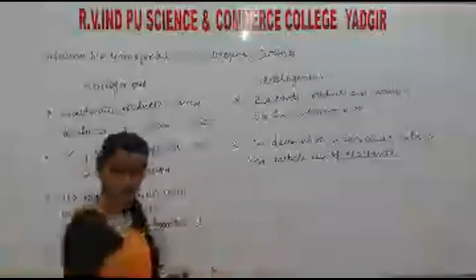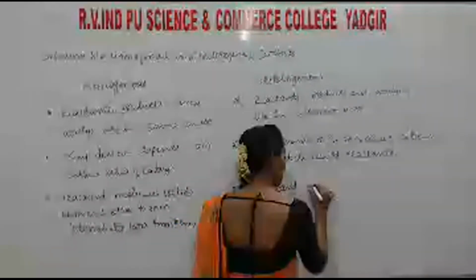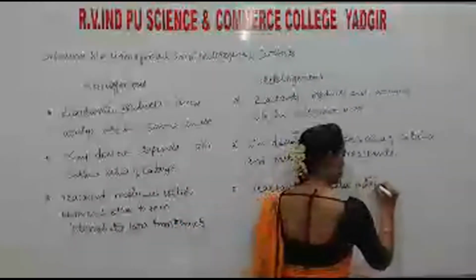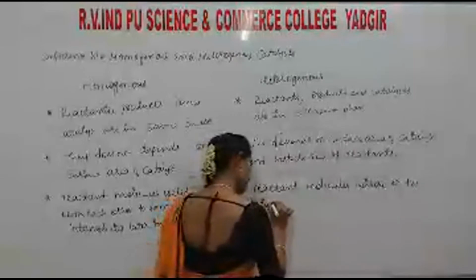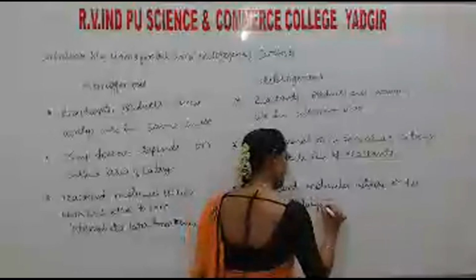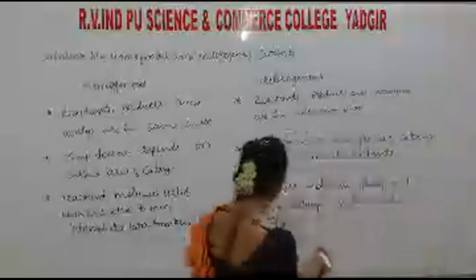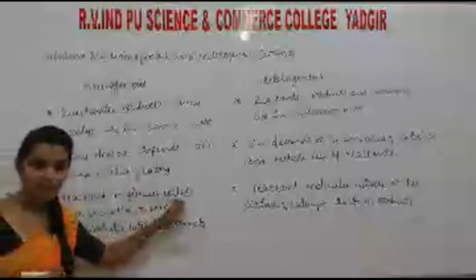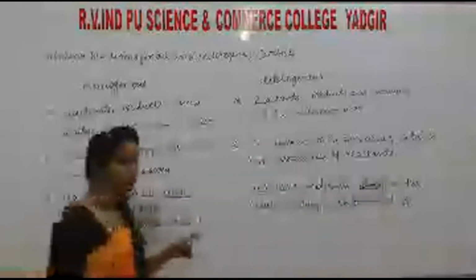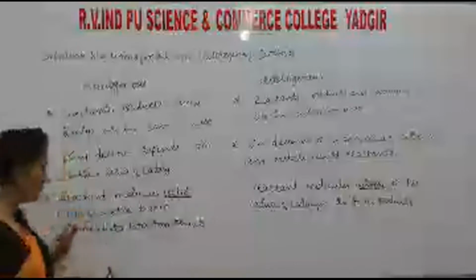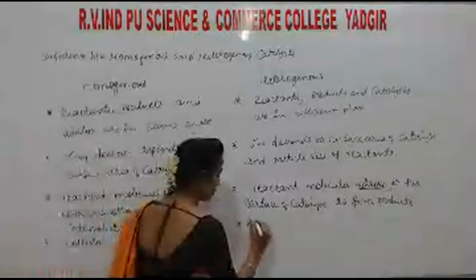Here, reactant molecules absorb on the surface of catalyst to form products. Means here the only thing you have to say: here the collision takes place, here the absorption takes place. Remember, collide with each other, absorb. Means here collision takes place, there absorption takes place. Am I right? Here collision takes place, here absorption takes place.